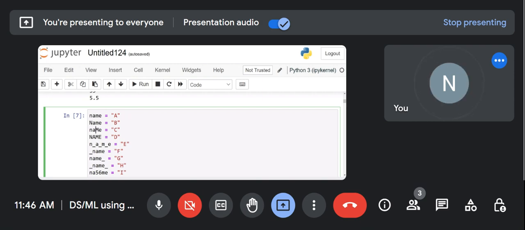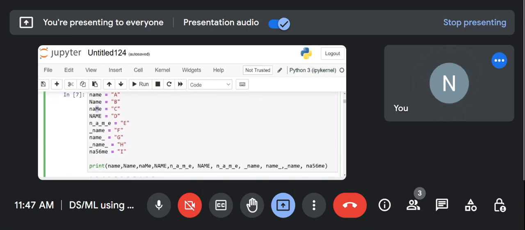If I uppercase any of the characters in between, then also it is fine to declare a variable. If I uppercase every character, then also there are no worries in Python, it is also correct. If I use underscores in between the name, then also it will not harm you. This is also a correct way to declare a variable.